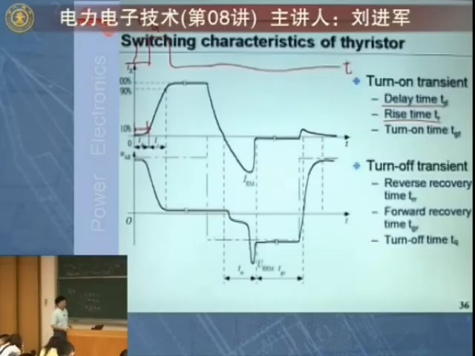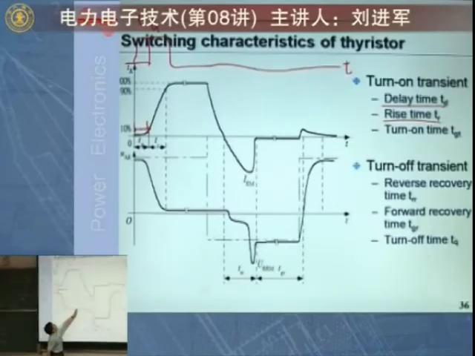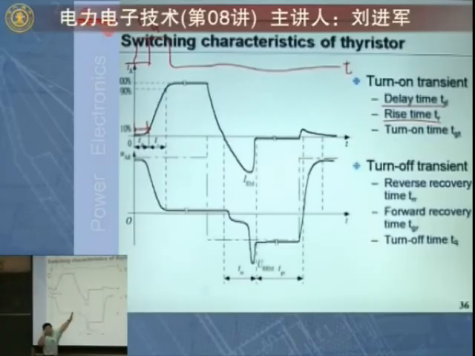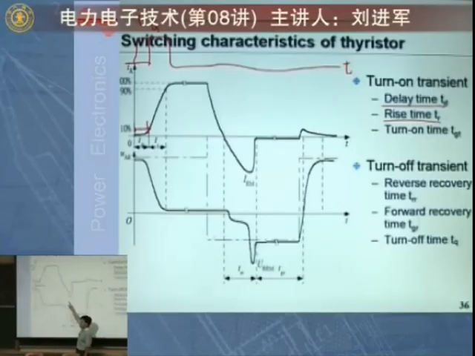But this process is very complicated. Let's say, for example, starting from this time instant, we apply negative voltage between A and K. Therefore, we have the external current flowing through the thyristor gradually decreasing.